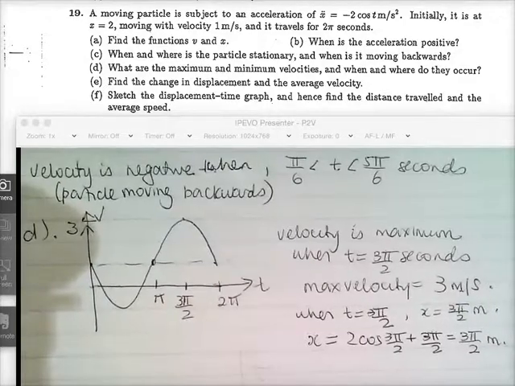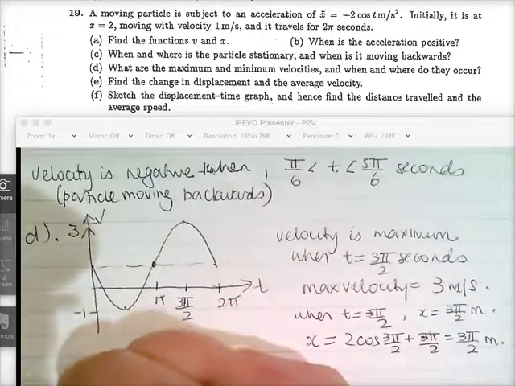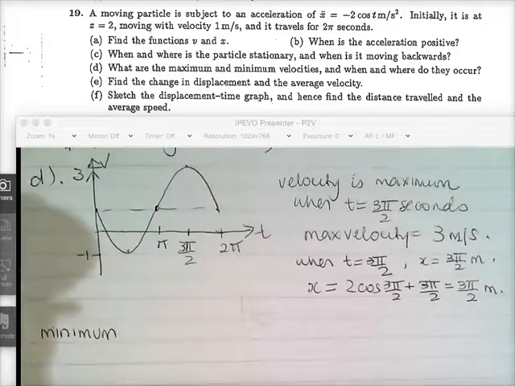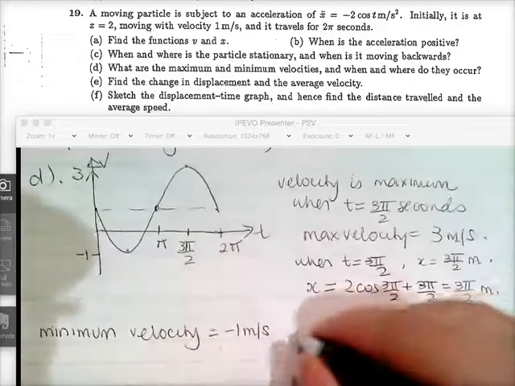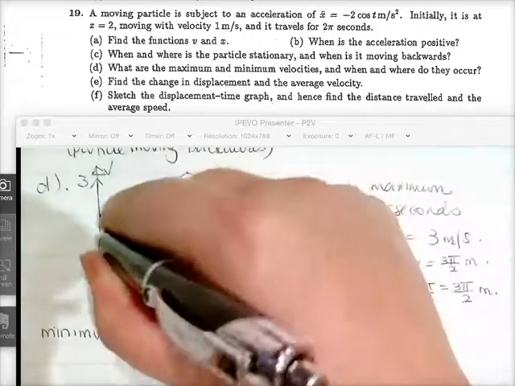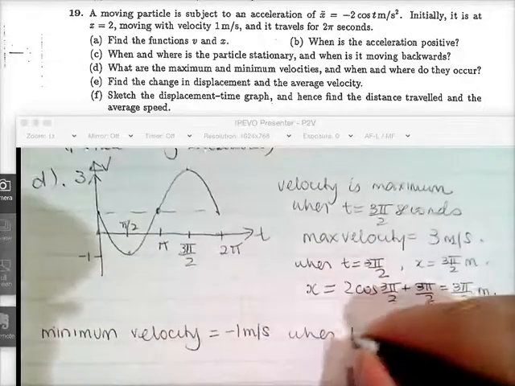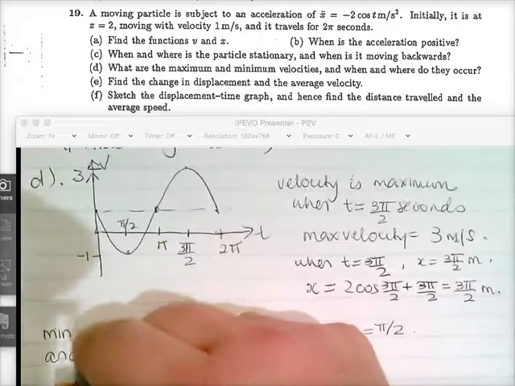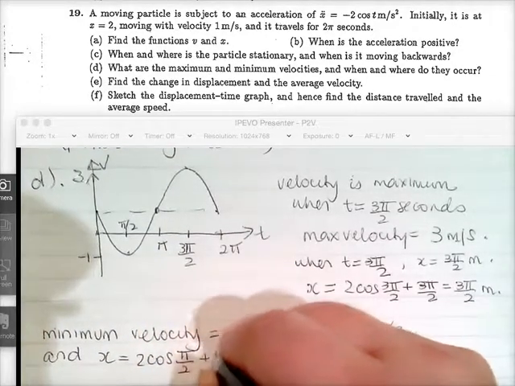Now, for the minimum velocity, that's down here. So we've got the minimum velocity equals -1 meter per second, and that is when halfway between 0 and pi, which is pi on 2. It's when t equals pi on 2 and when x is 2 cos pi on 2 plus pi on 2.